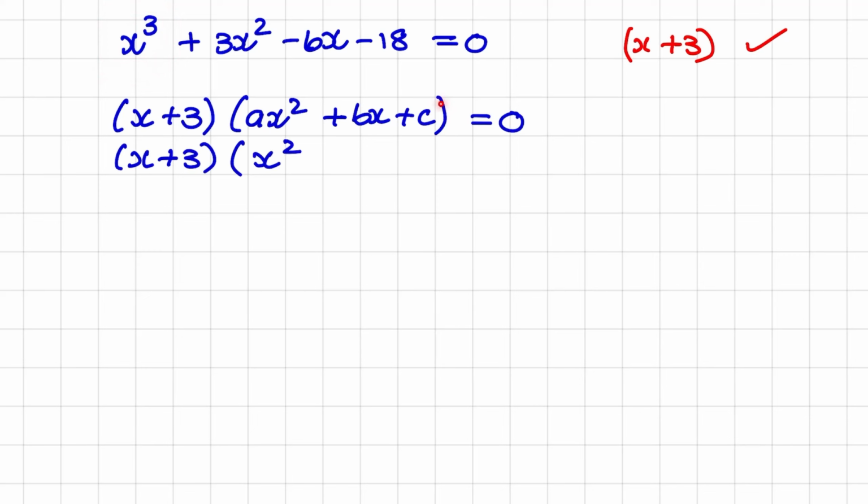And to find c, the last term, I take the last term in the first bracket multiplied by the last term in the second bracket, and that must lead to negative 18. So c must be negative 6, because positive 3 times negative 6 would equal negative 18. And we need to do a separate calculation for the middle term.